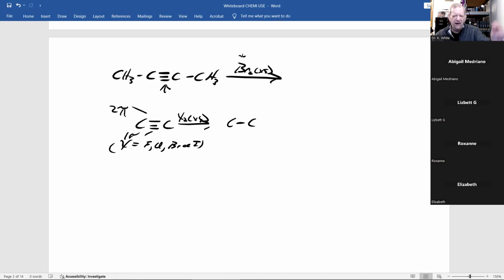I can break the 2 pi bonds like that. And each carbon of the triple bond gets not 1, but 2 halogens. Do I break carbon-carbon single bonds? No. So I start with 4 carbons. I better end up with 4 carbons.